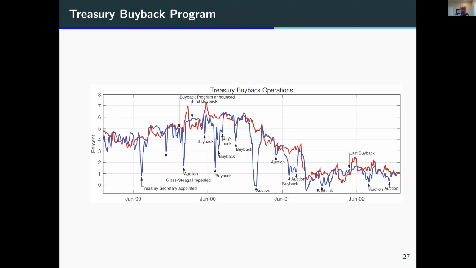Sometimes the cash collateral got very tight in the special repo market. We see all these spikes, especially around buybacks and then sometimes auctions. Over time, this was a major source of some of the spikes that we saw in the difference between the financing rate in the derivatives market and the financing rate in the cash market.